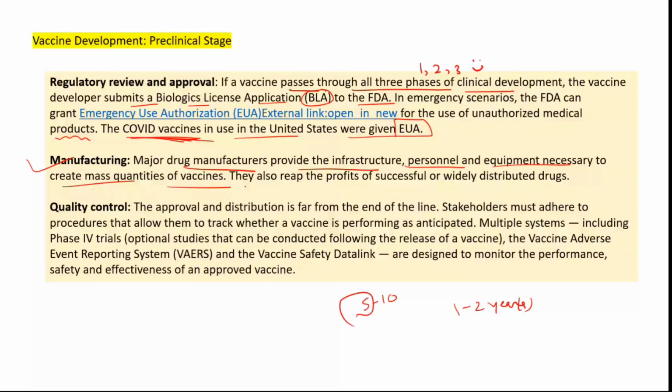So every requirement is mentioned, like what instruments and infrastructure are required, how many laborers are required, what raw materials are required for mass quantities of the vaccine, and how many phases are required to synthesize that vaccine.